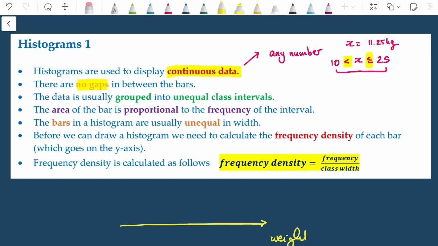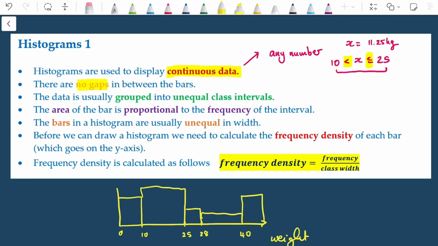If I'm measuring weight on the horizontal axis, and this is 0 to 10, and that's 10 to 25, and the next one is 25 to 28, and then 28 to 40, etc., it's continuous. This keeps on going. So the bars that I draw will be connected in this way, and you'll notice they will most likely have unequal widths.